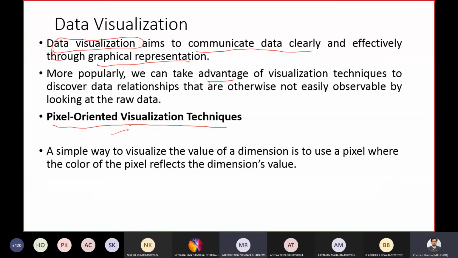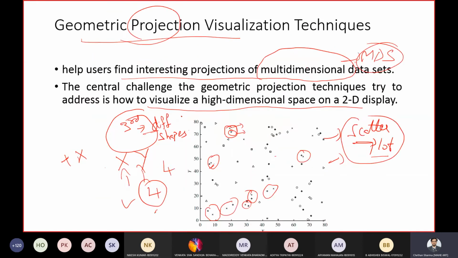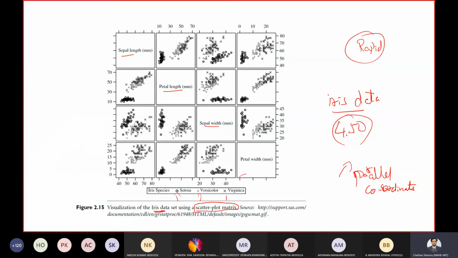Data visualization is pixel-based, and the screen is two-dimensional. You cannot visualize multi-dimensional data in a multi-dimensional space. In that case, you go to geometric projection. Here, you will be using a scatter plot. But as the dimensionality increases, the scatter plot might be inefficient, so you go to a scatter plot matrix.